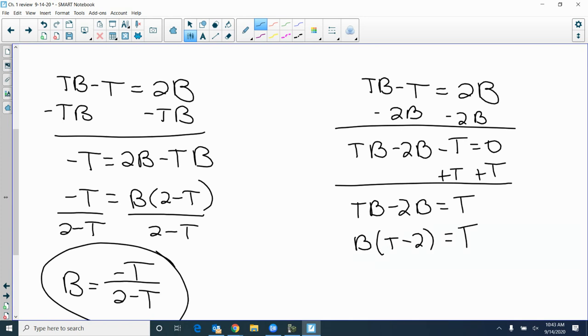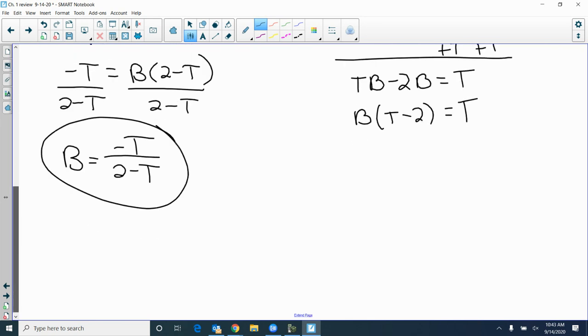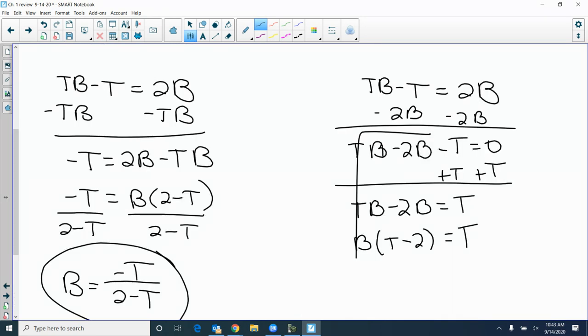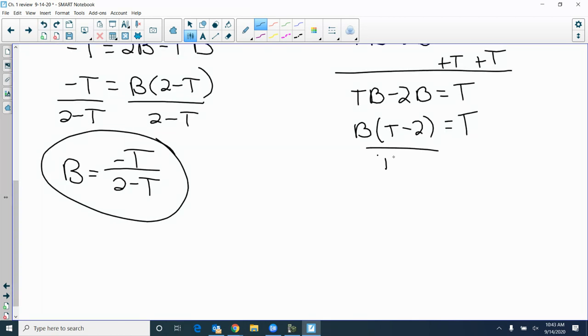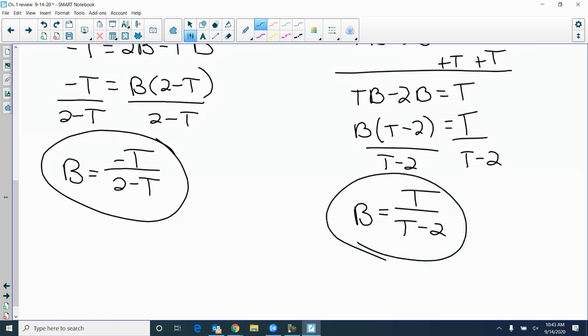Now, divide by t minus 2. And so I get b equals t over t minus 2. All right, that's the answer in the back of the book.